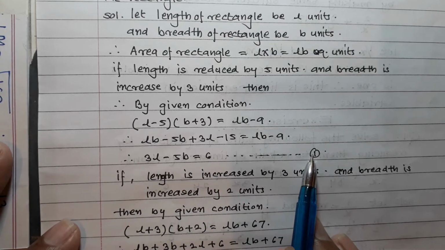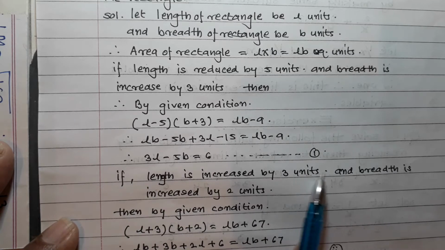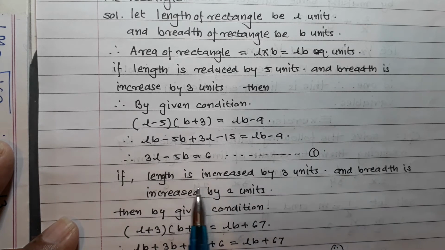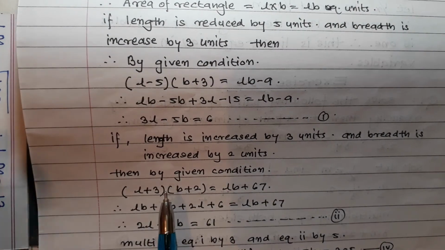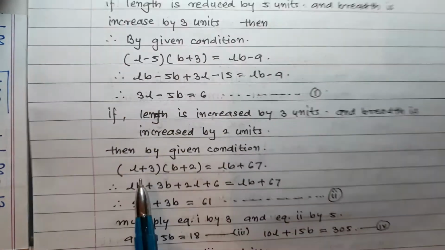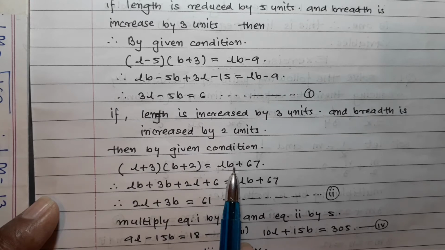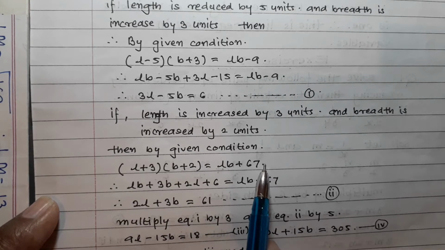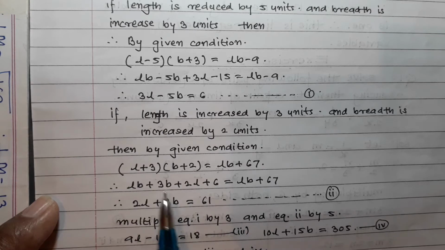Equation number 1. If the length is increased by 3 units and breadth is increased by 2 units, then by the given condition (L plus 3) into (B plus 2) is equal to LB plus 67, because the area is increased by 67, so area LB plus 67.